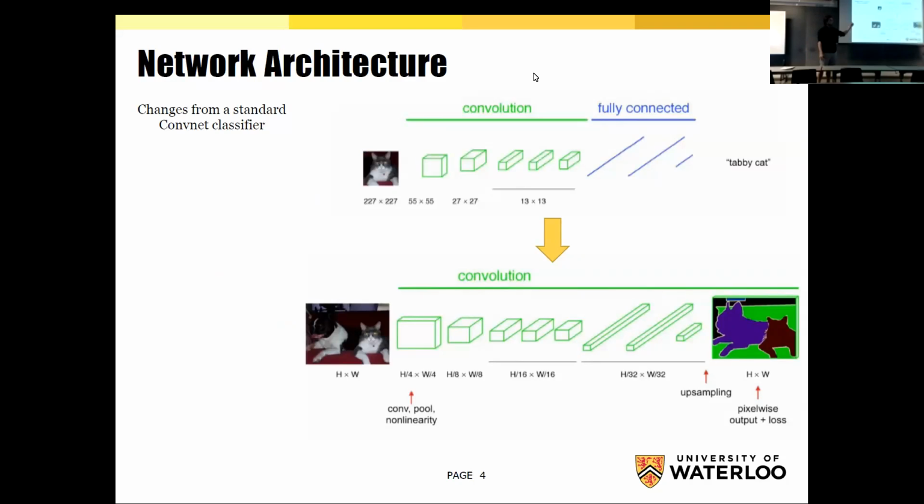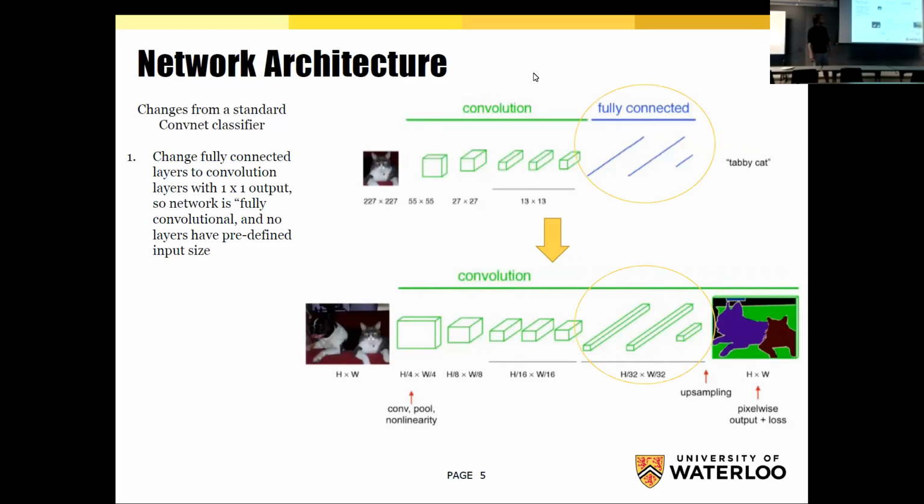They do three things to the general convolutional neural network to make it what they call fully convolutional. The first thing is to reinterpret the fully connected layers as one-by-one convolutional layers. In doing that, they can now accept an input of any size, because it removes the fixed size requirement of fully connected layers.